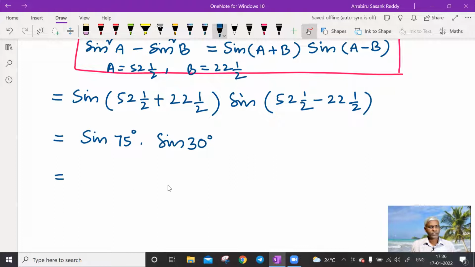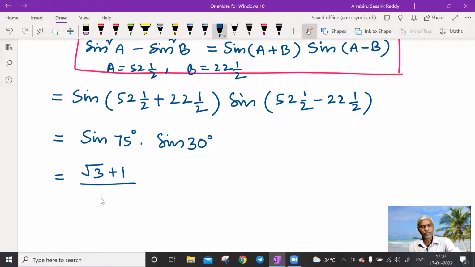We know sine 75: to find it, sine A plus B with 45 plus 30. Expand, and we already did this in the previous class, you will get root 3 plus 1 by 2 root 2. I am writing it directly.